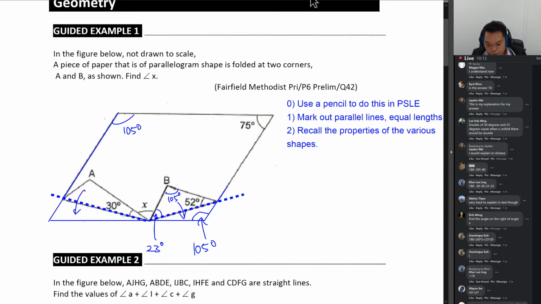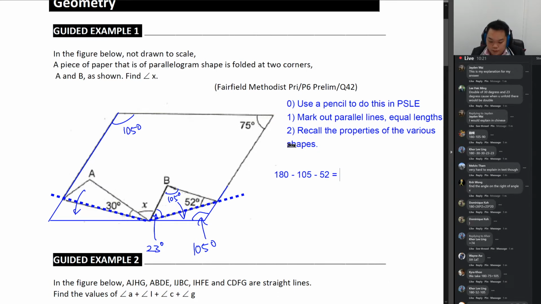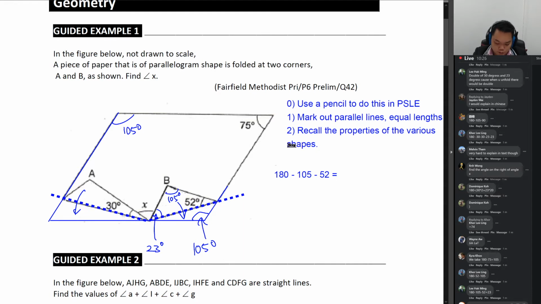Okay, to prevent glitching, let me just type this out. 180 minus 105 minus 52 will give you 23 degrees over here. So once you got this ready, when you fold this, there will be another 23 degrees over here, and there will be this 30 degrees over here.